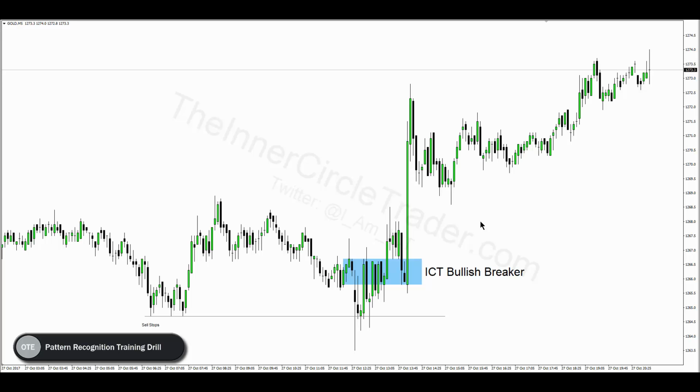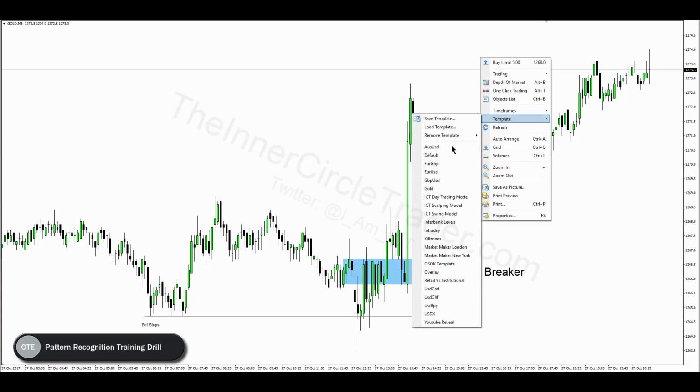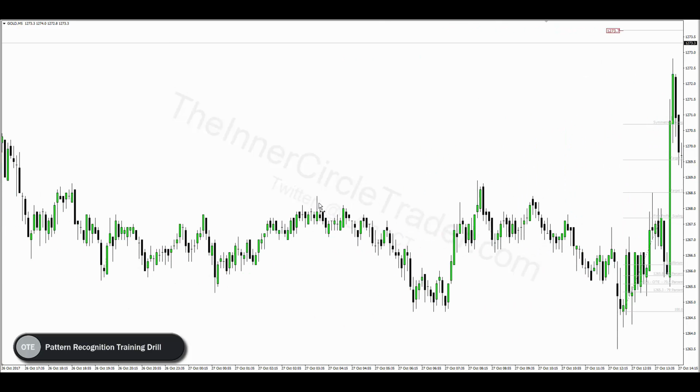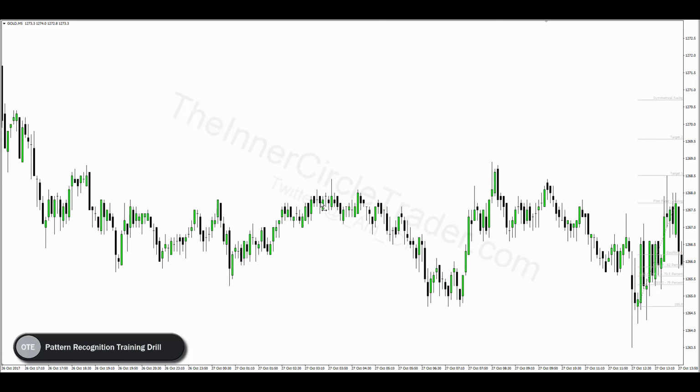Okay, so let's strip this and go right into the nuts and bolts of what I want to show you. The price points are going to be this high on this candle here and this low. And just so you guys can see it from a conceptual standpoint, it would look like that.